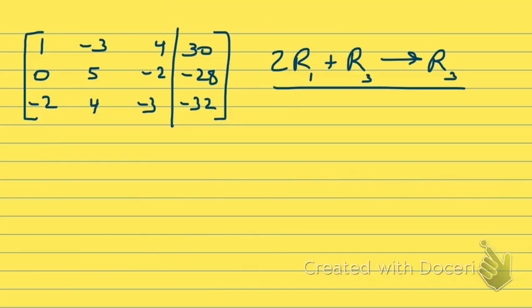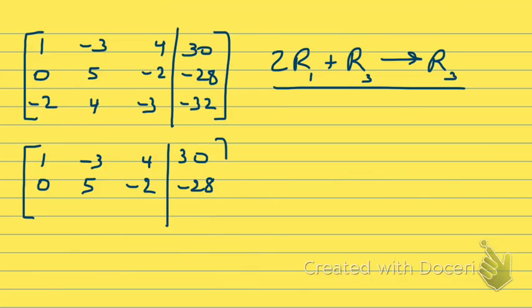This time, rows 1 and 2 will stay the same, but row 3 is now different. So the first column, observe how it is perfect.